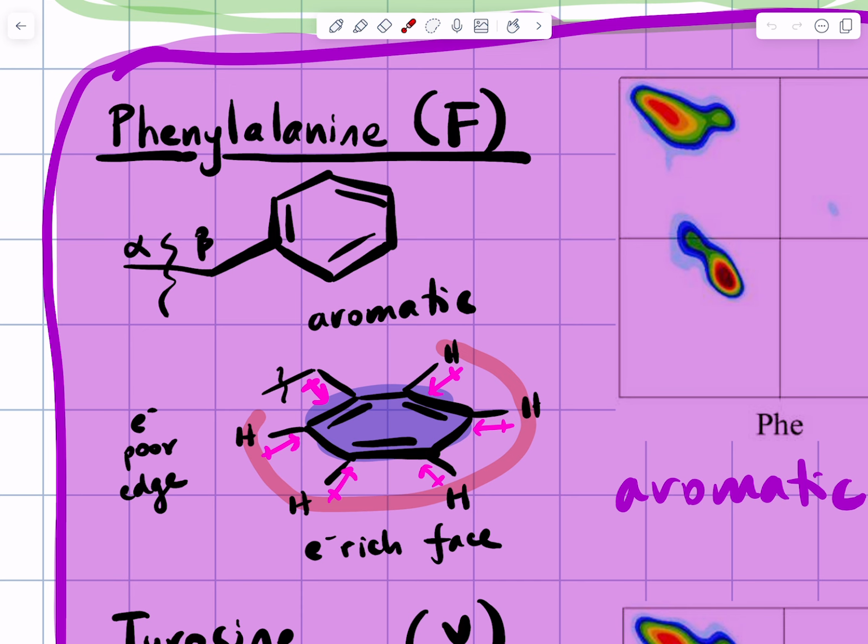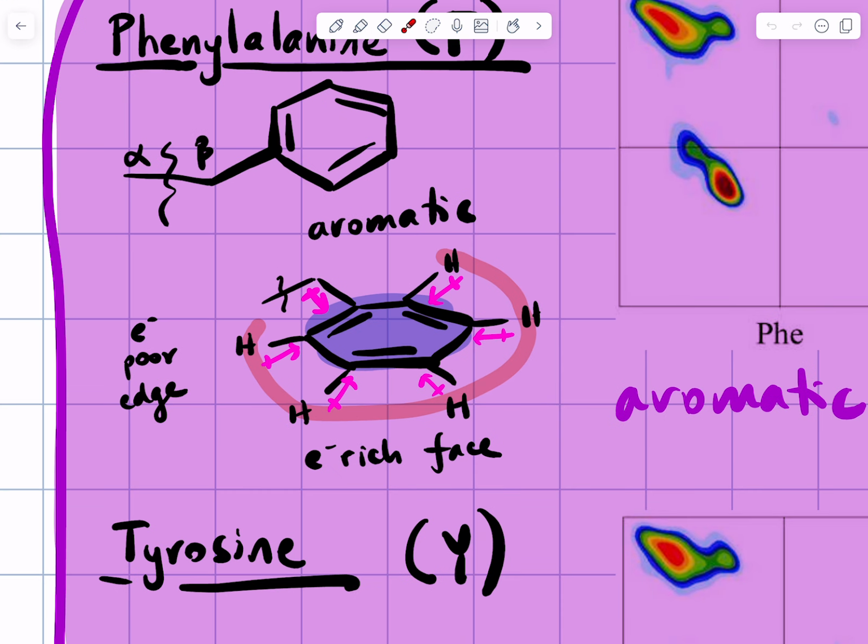One of the things you need to know about benzene rings is that even though they are nonpolar, electron density is not evenly distributed over the whole ring. That is, sp2 carbons are more electronegative than protons, so the sp2 carbons of the benzene ring are electron rich and the hydrogens are electron poor.